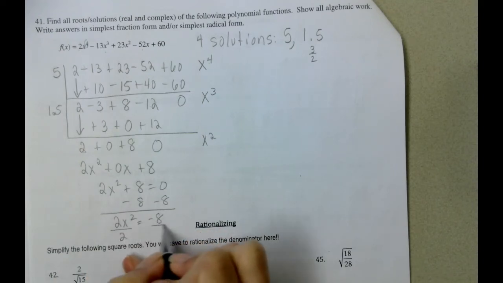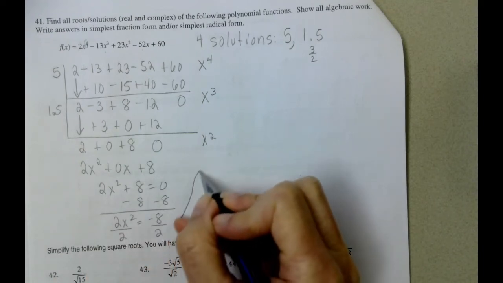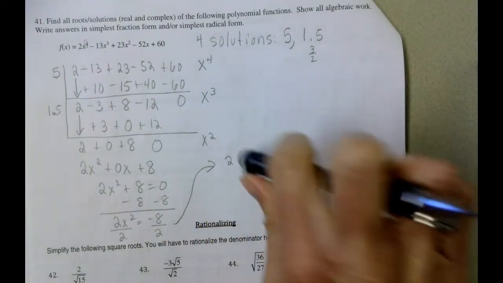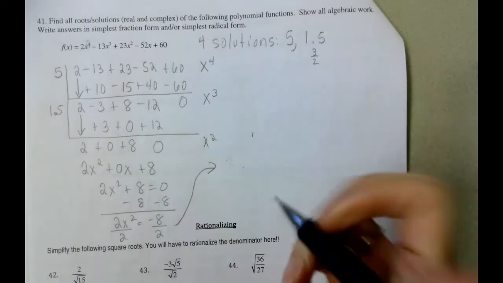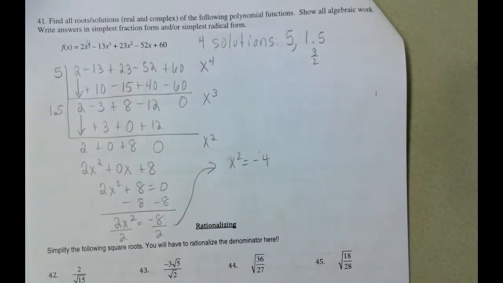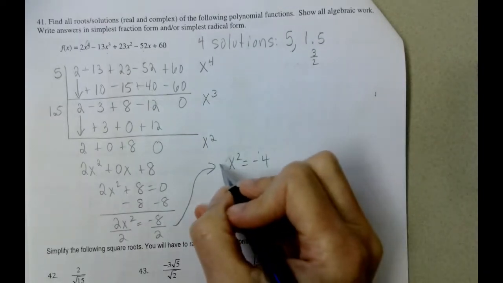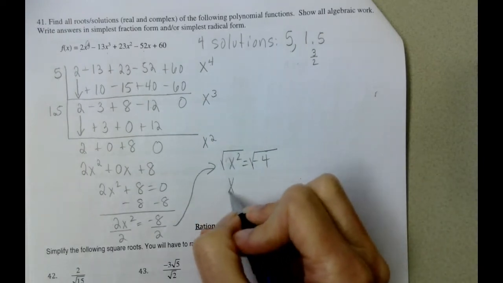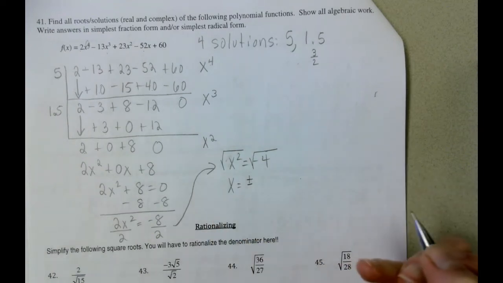Divide both sides by 2, and we get x squared equals negative 4, and we're going to take the square root of both sides. When we take the square root, remember we're going to have plus or minus.